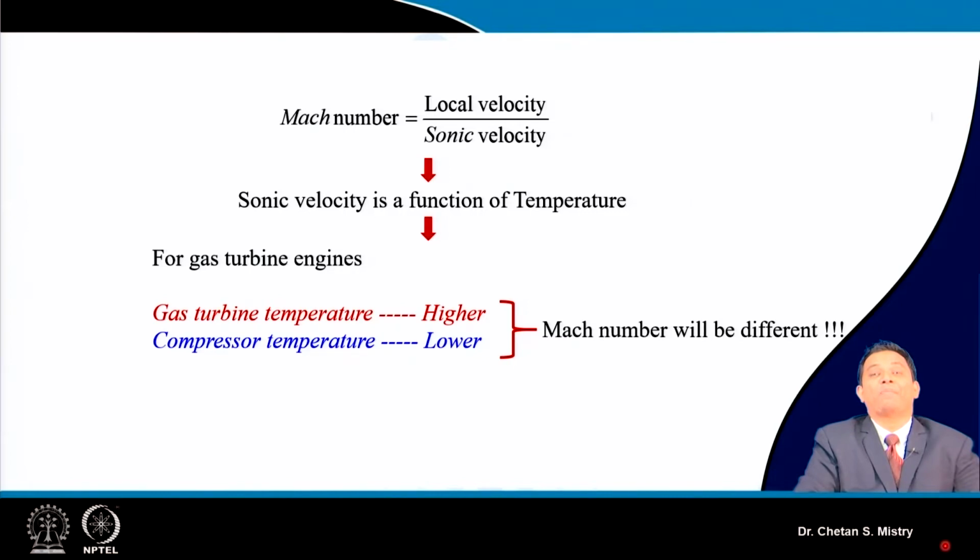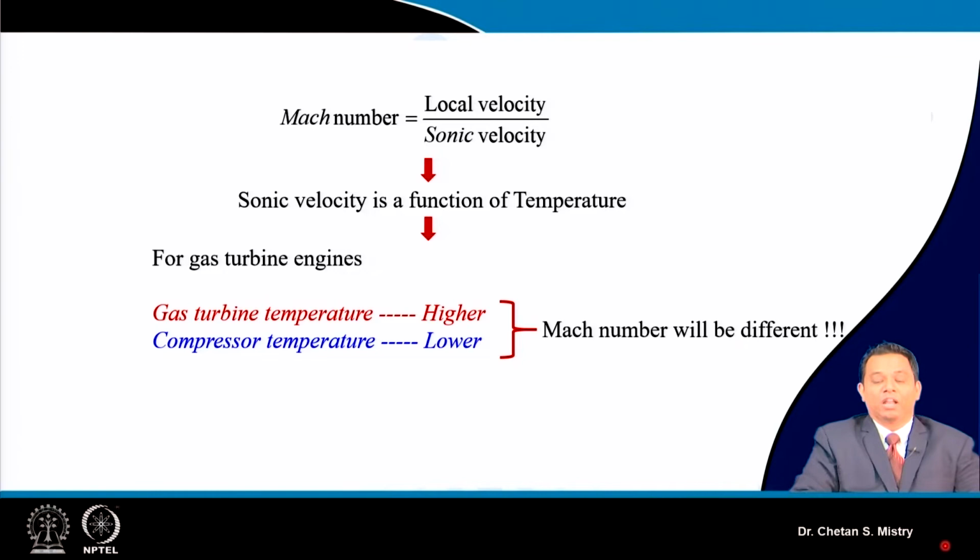Suppose we apply this logic to a gas turbine engine. We have a hot section and a cold section. The hot section is where we have higher temperature, so the gas turbines are on the hot section side. In the compressor, the few initial stages are on the colder side, where the temperature is lower.